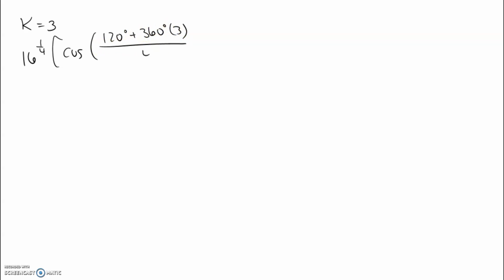Okay. Last but not least is k is equal to 3. Okay, so 16 raised to 1/4, or the fourth root of 16. So this is going to be cosine of (120 plus 360 times 3) divided by 4 plus i sine of (120 plus 360 times 3) all over 4.